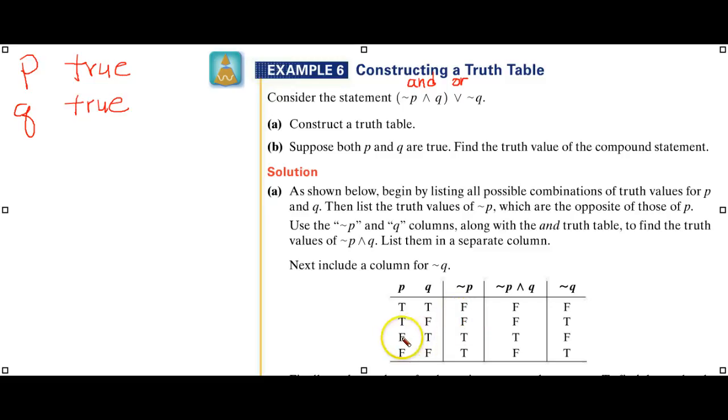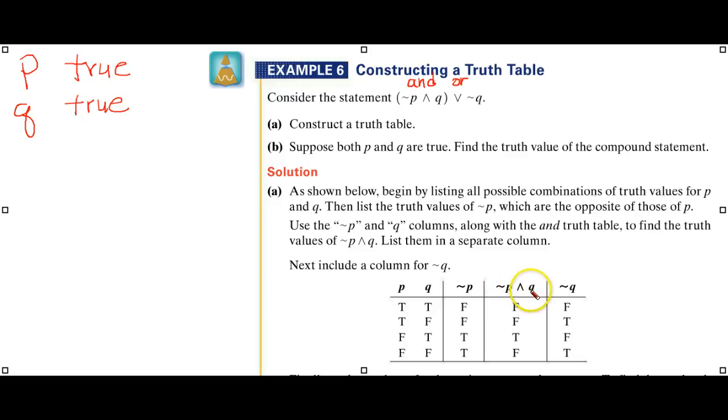But if we negate P, the F will now be true, and this will now be true. So if we negate Q, jumping way over here, we see we have false, true, false, true.